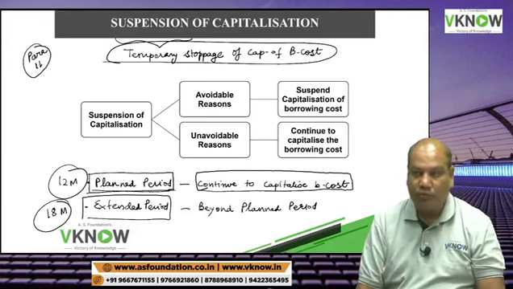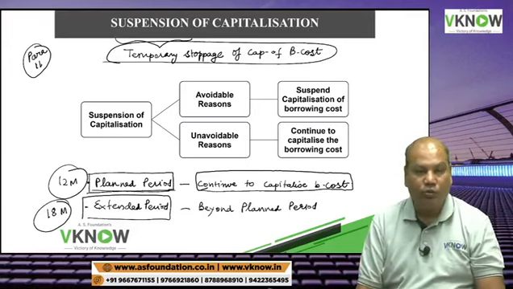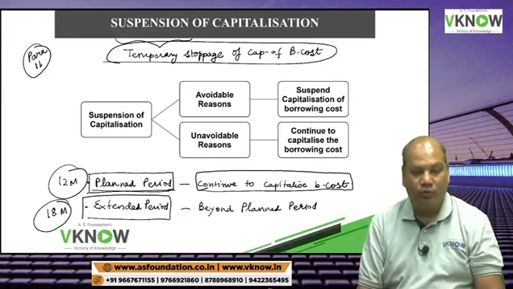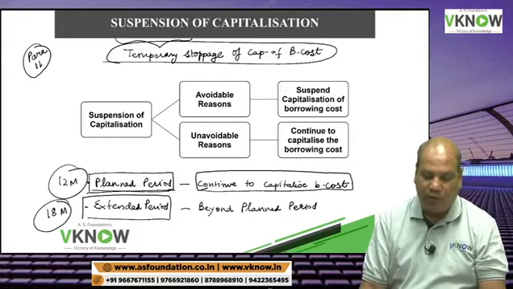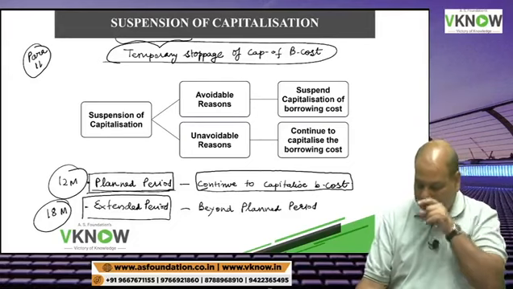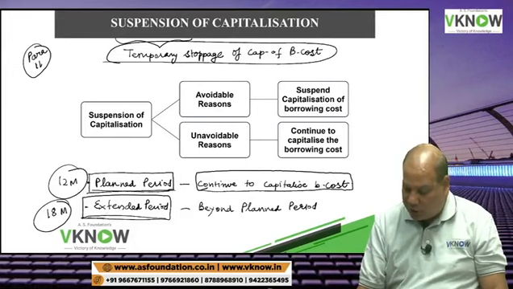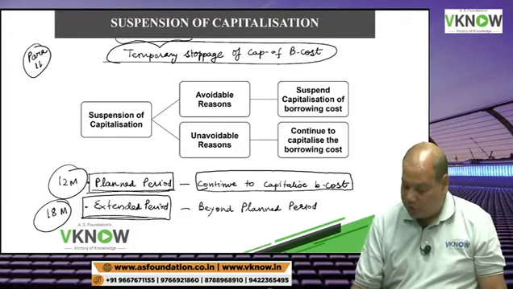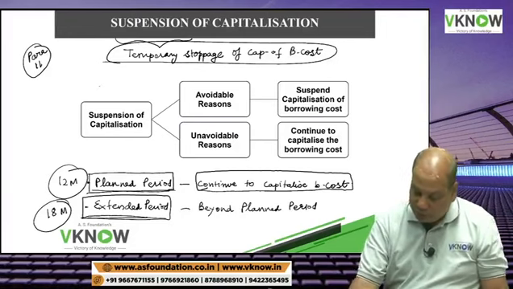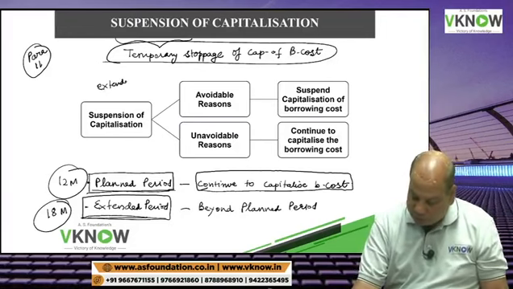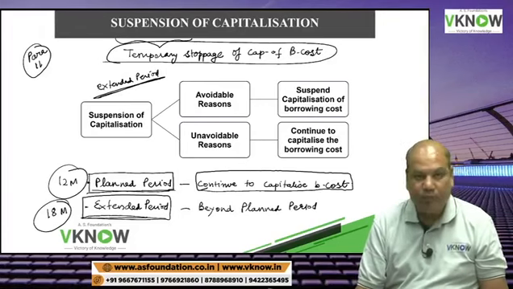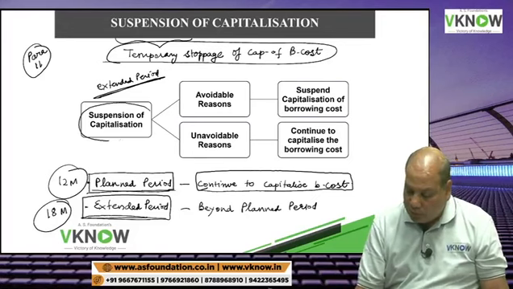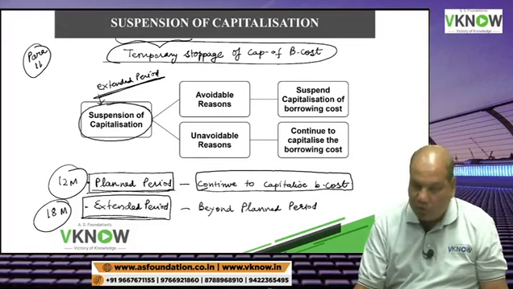You will also observe when you are constructing your house or doing interior work of your house, you may think we will take 3 months, but actually you end up taking 4 months, 6 months, like that. That is called extended period, when the work gets extended beyond the planned period. Now, if it is extended period, then during extended period, we will suspend capitalization of borrowing cost.